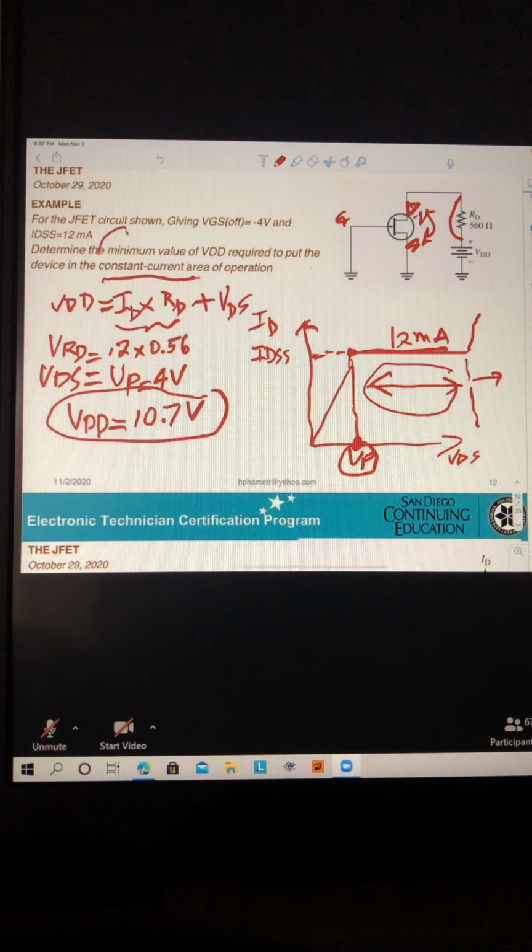When you read it here: minimum value of VDD, minimum to put it into the constant region, that must be VP. Do you understand now? Or still?